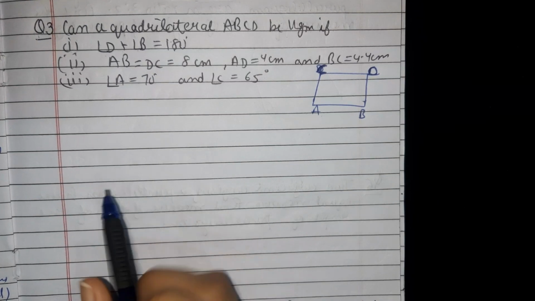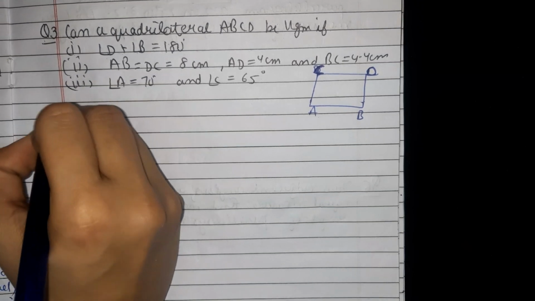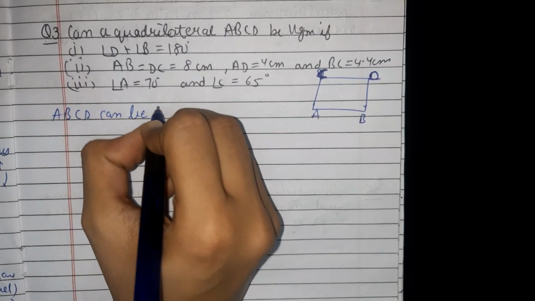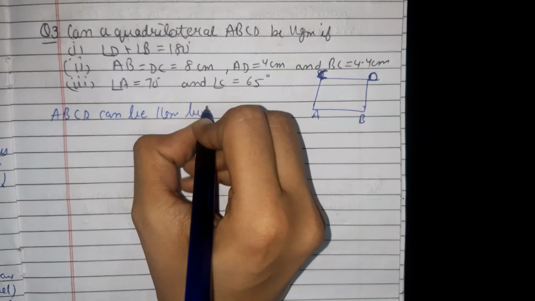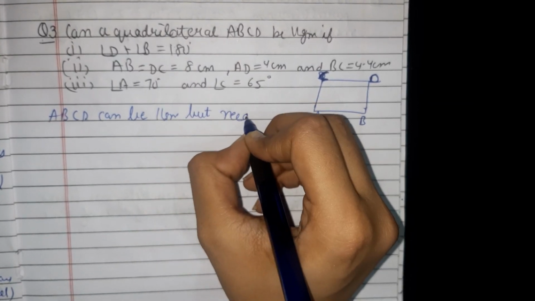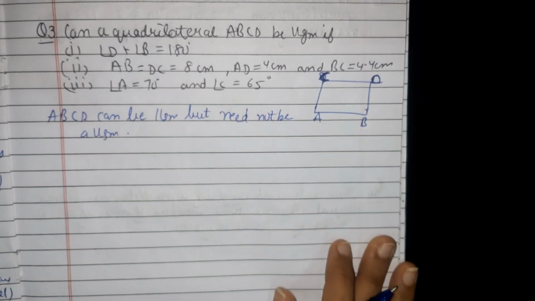So we will say that ABCD can be a parallelogram but need not be a parallelogram. It can be but need not be.